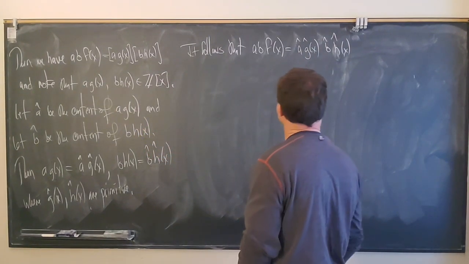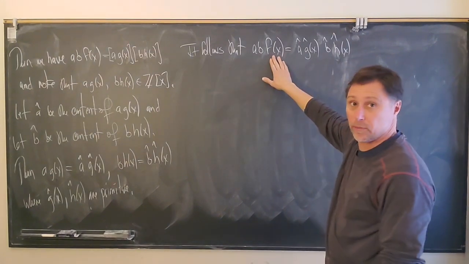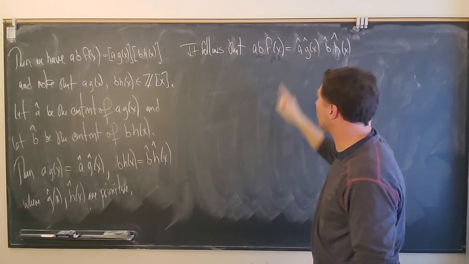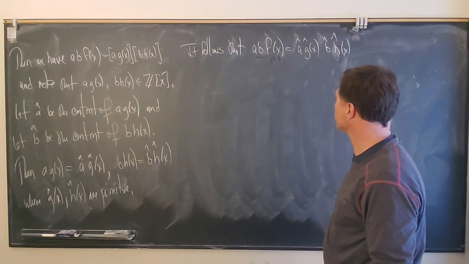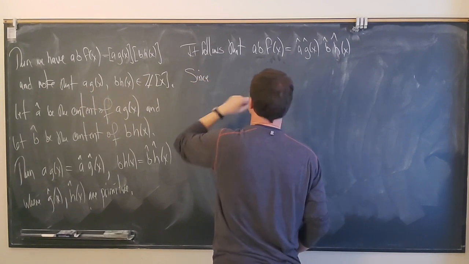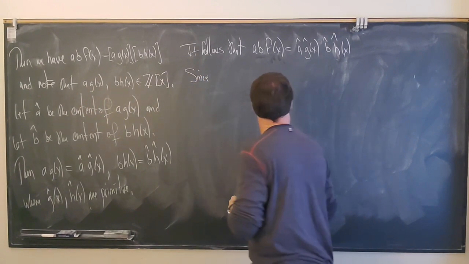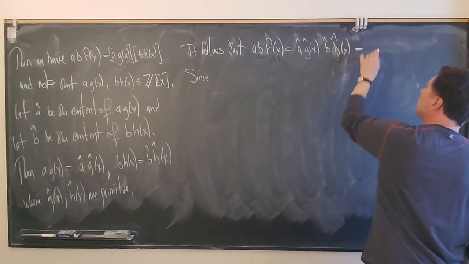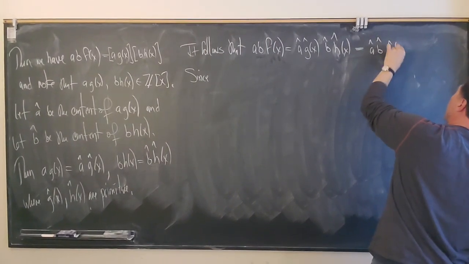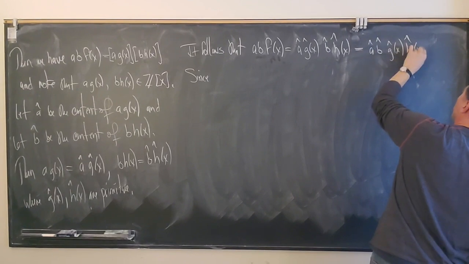Now, since f of x is primitive, we assumed it was primitive, this a times b is the content of f of x. So this is a hat b hat g hat of x h hat of x.